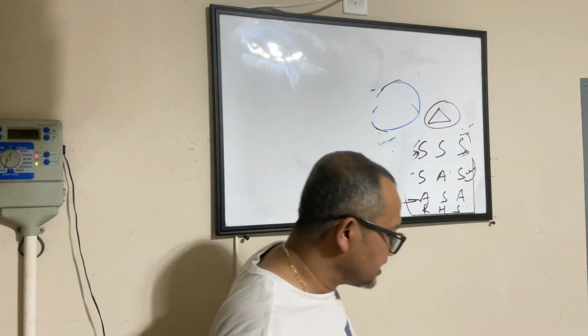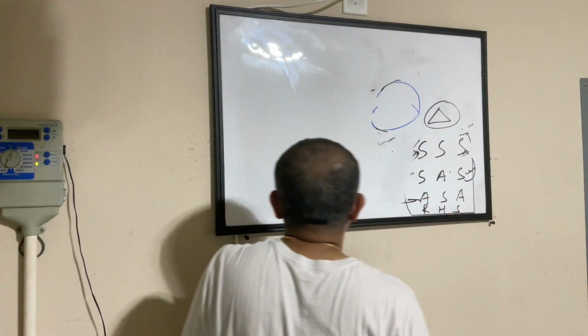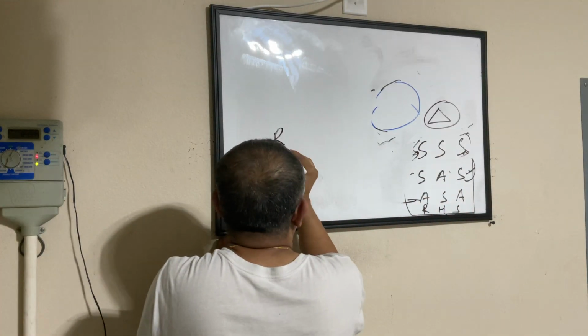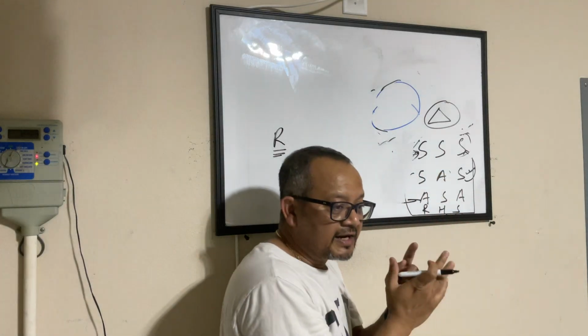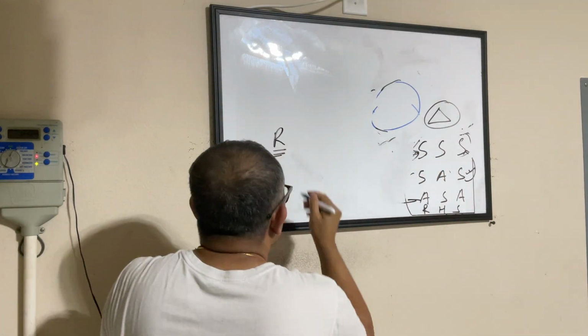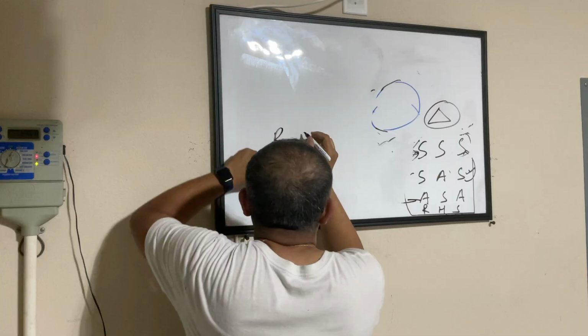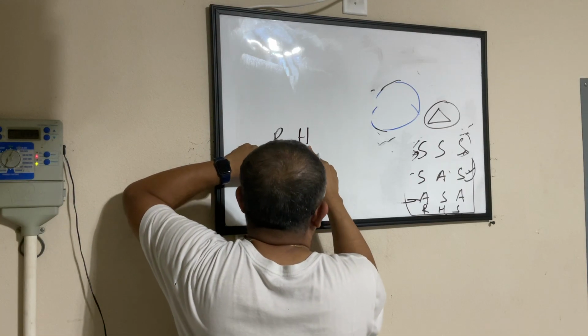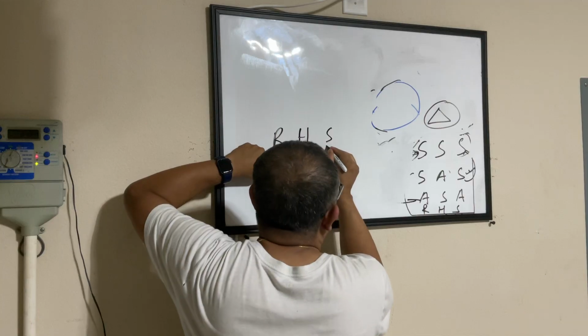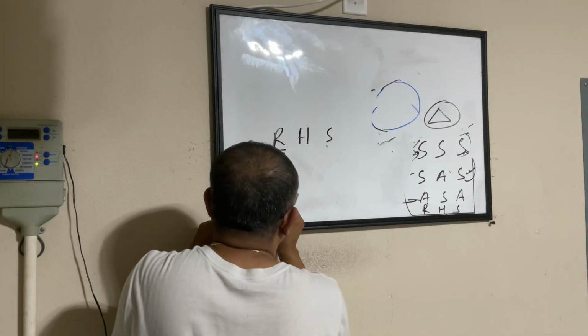Now what is this RHS about? RHS, R stands for right angle triangle. So this theorem is unique for right angle triangles alone. This says that if you have two right angle triangles and their hypotenuse match and one of the sides matches, then they will be congruent.